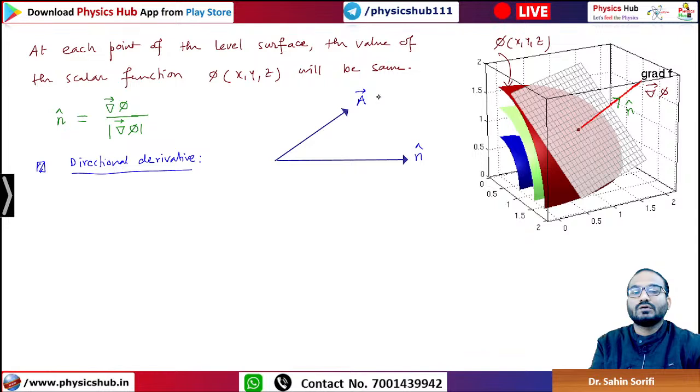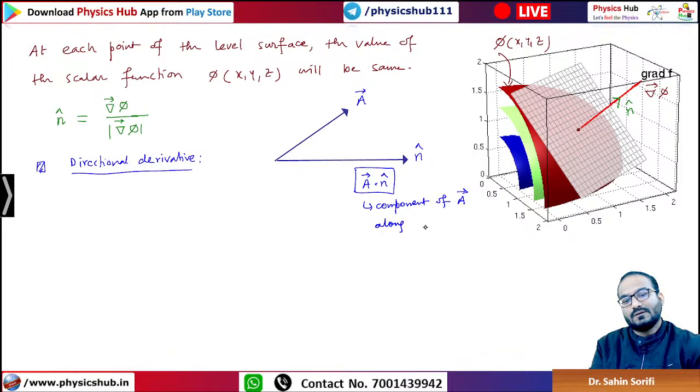How do you calculate the component of A along n cap direction? We take simply the dot product, right? So this is the component of A along n cap direction. This is the straightforward rule. Now directional derivative means you are taking the component of a derivative along some particular direction.